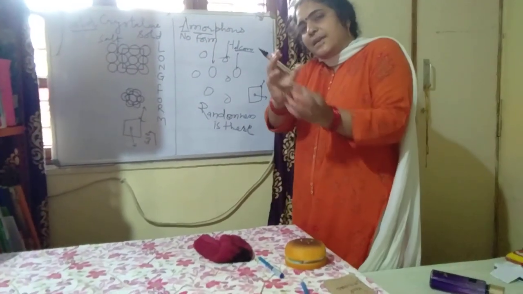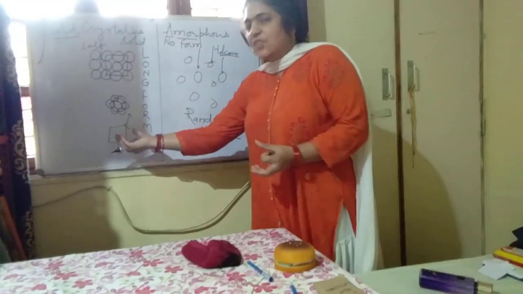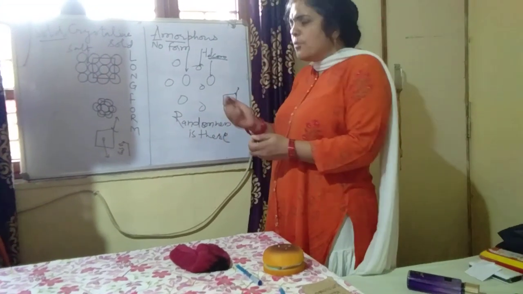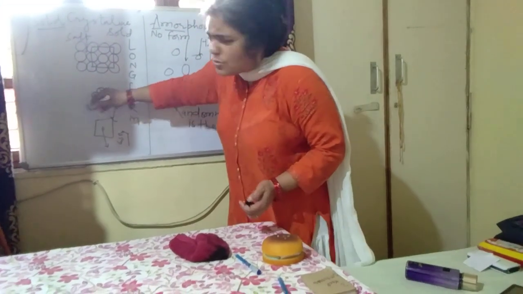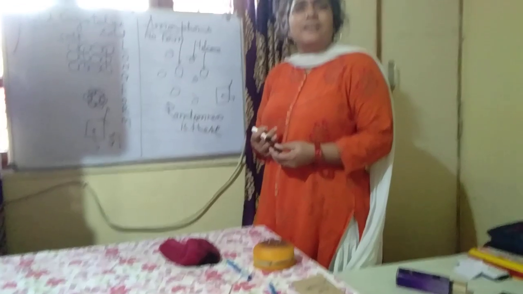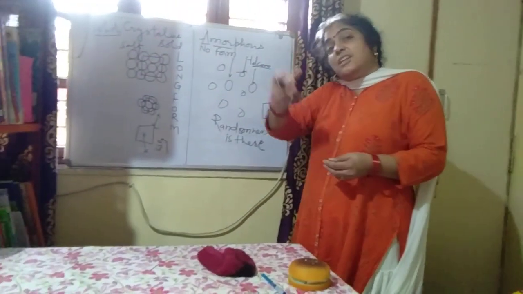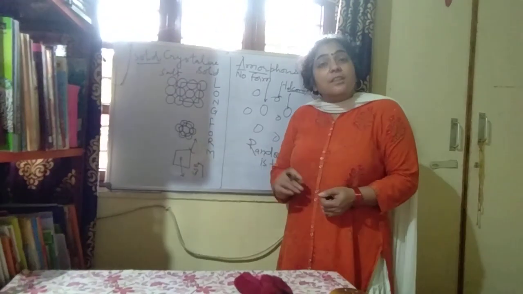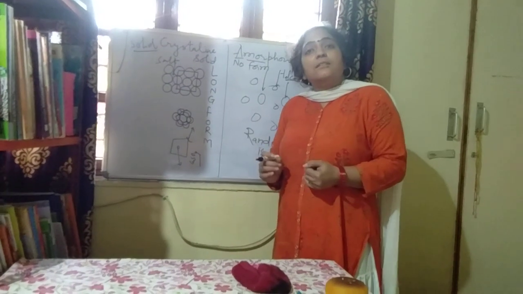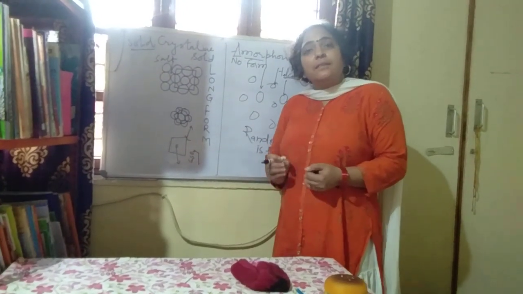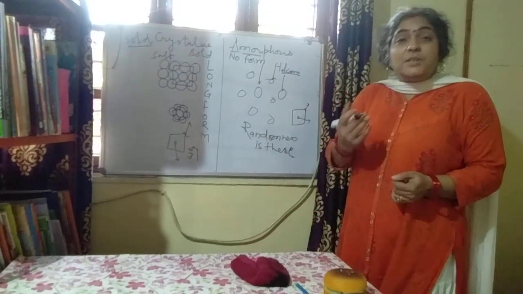मतलब एक एक पीस आपने ले लिया क्रिस्टलाइन और एमॉर्फस का, और उसमें से अलग अलग जगह से कुछ पॉइंट्स आपने निकाले. Then you studied all the properties of these particular pieces. Then what will be observed?